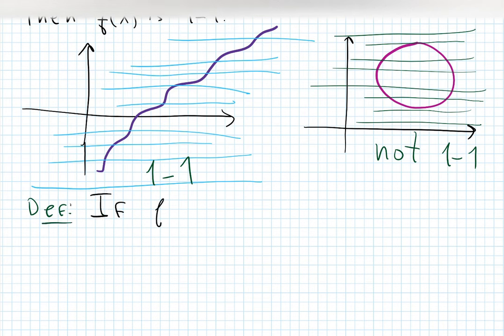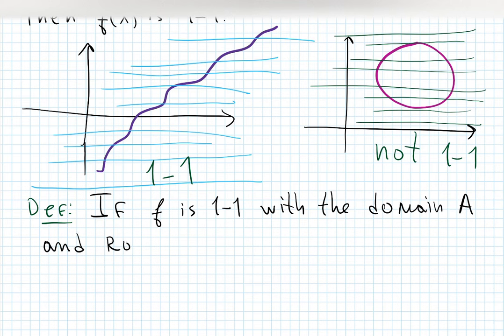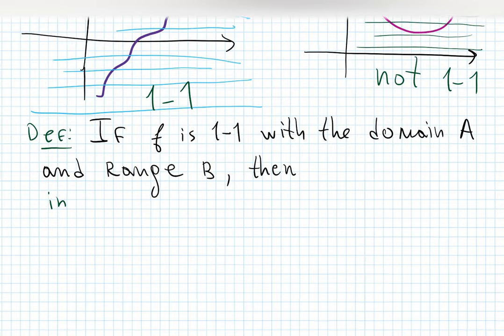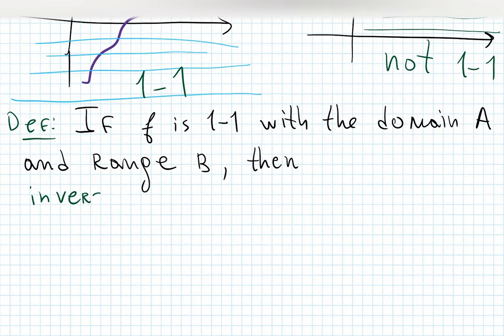If f is 1 to 1 with the given domain A in range B, then the inverse function, let me put a green color, this is the definition, then inverse function, and here's the notation, get used to the new notation, is f to the minus 1.